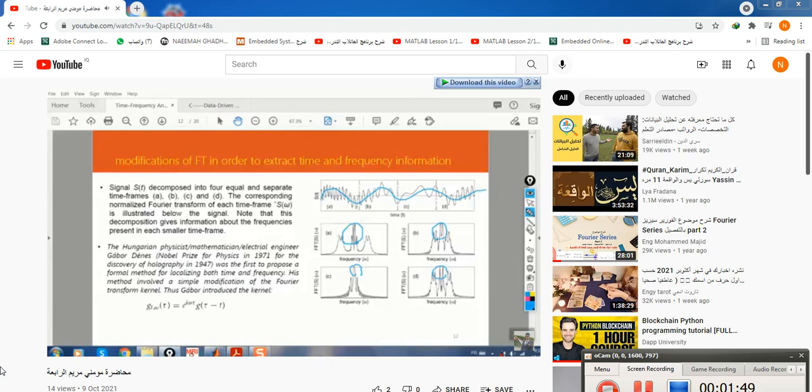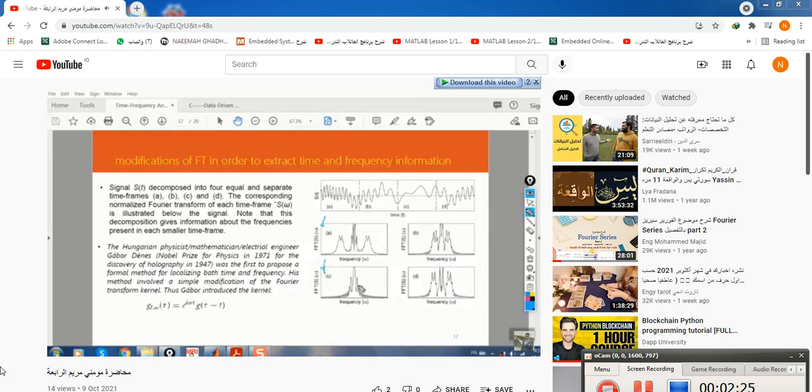In addition to this blue diagram, as I said before, if you compare part A with part C, it is obvious that the changes in part C are lower than the changes in part A. Then the frequency in part C is lower than the frequency in part A. And it is clear also here.